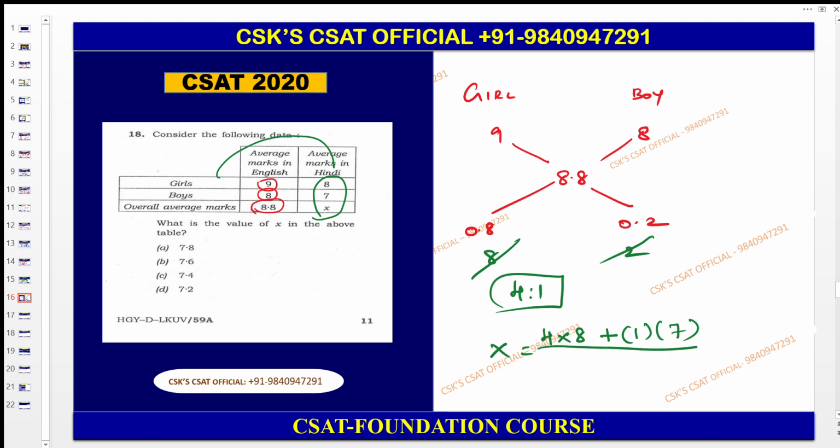Divided by the total number, which is n1 plus n2, 4 plus 1, nothing but 5. So 32 plus 7 by 5, 39 by 5. So 39 by 5 is nothing but 7.8. So the answer for this question is A.